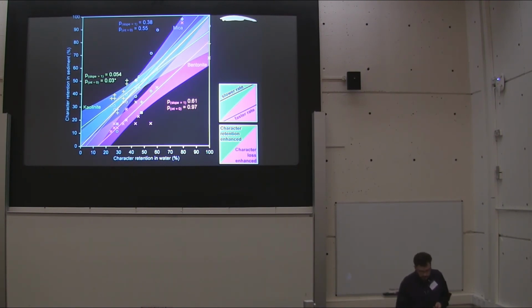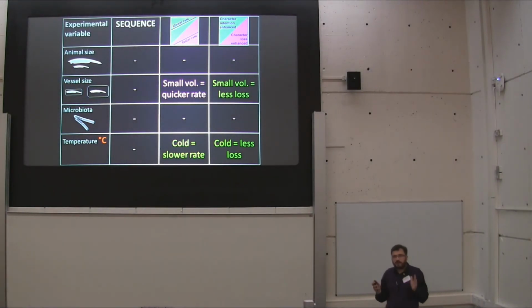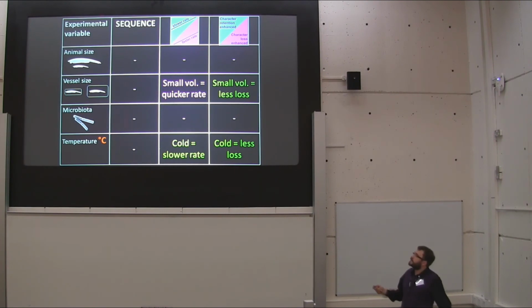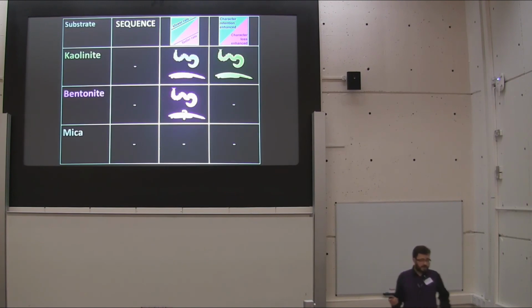So just to briefly summarise these results, one of the main take-home messages is that we never see any difference in sequence, no matter what we do with these experiments. We do sometimes see changes in rate, in terms of temperature, which is what you might expect, but also this more interesting result in terms of the amount of available liquid in which the animals decay. And again, in our substrate experiments, we don't see any difference between mica and water.